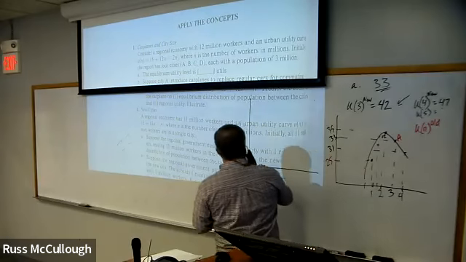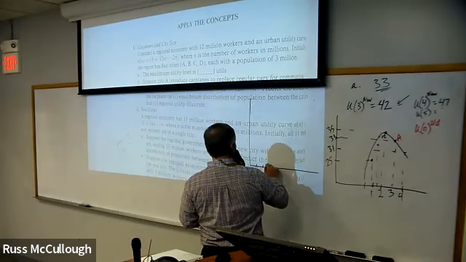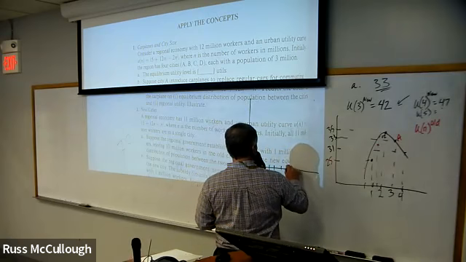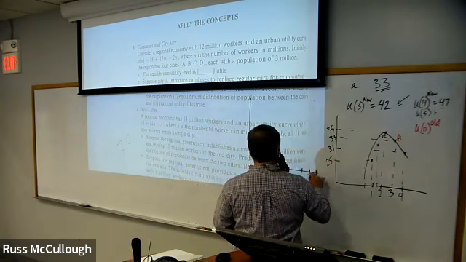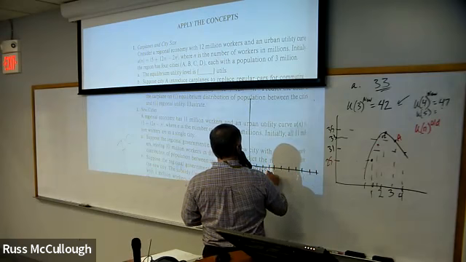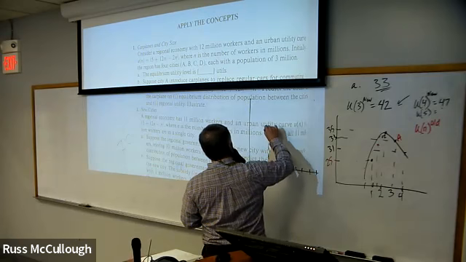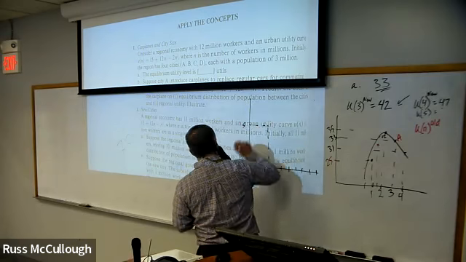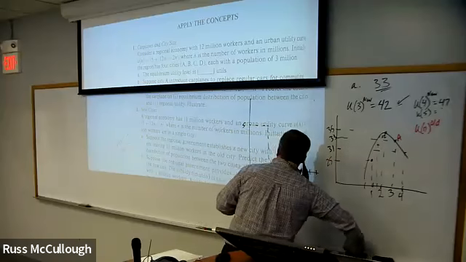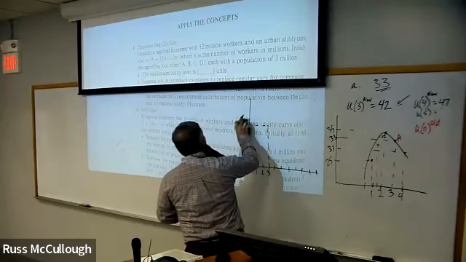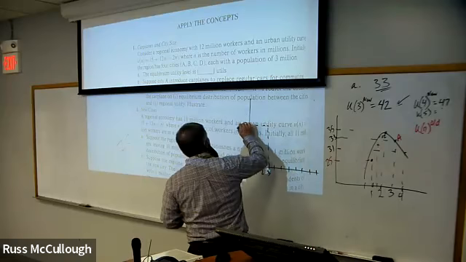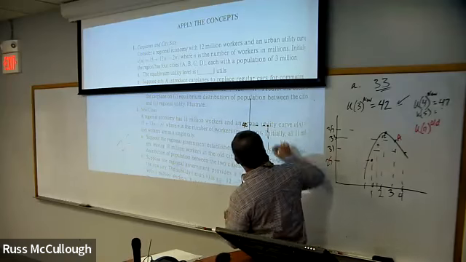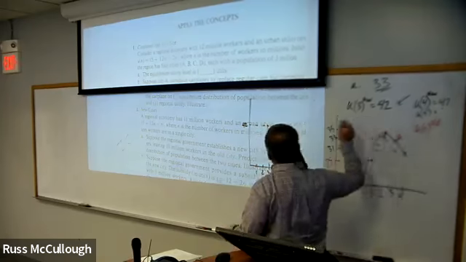So with the old, we got 1, 2, 3. We were at 51. No, you guys just corrected that. 42, right? All right, so we're at 42. And then at 4, it's 47.